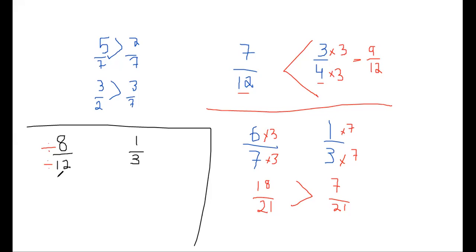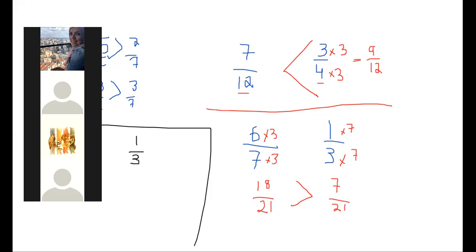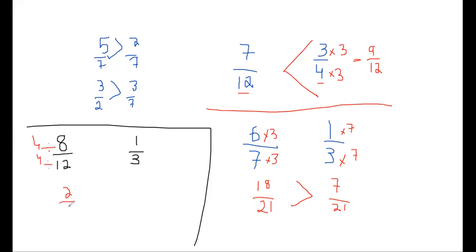What can I divide the 8 and 12 by? By 4. Okay, so I'm going to divide them by 4. 8 divided by 4 is 2. 12 divided by 4 is 3. Very good. Now 2 over 3 and 1 over 3. Which one is bigger? It's the 2 over 3.